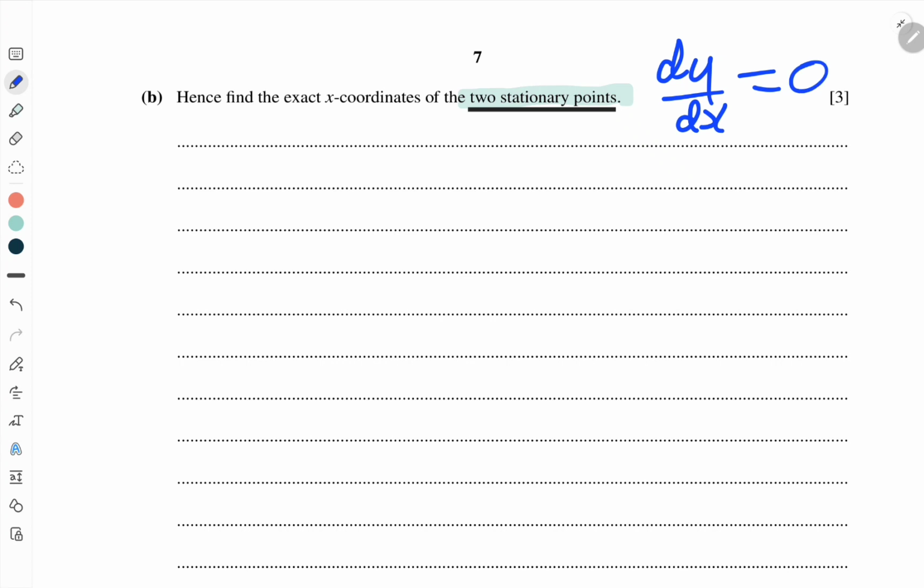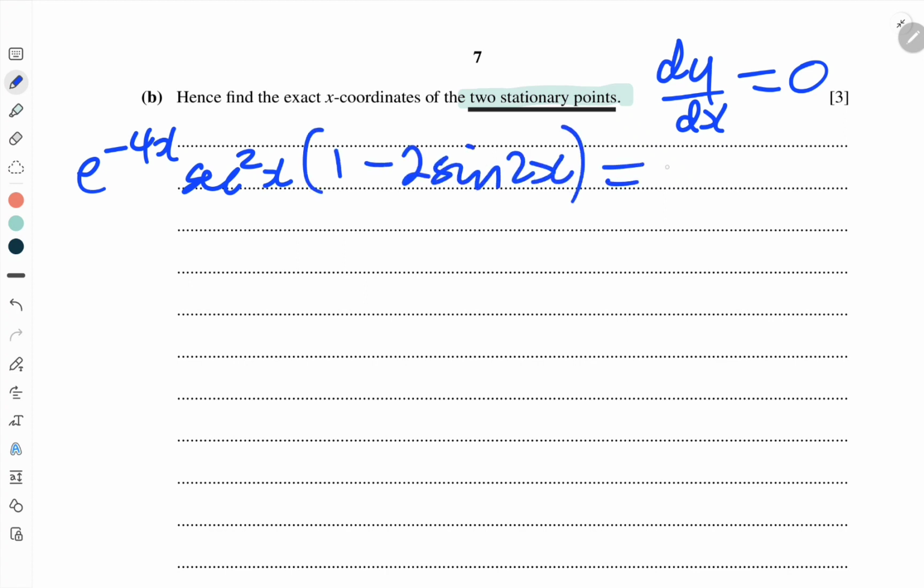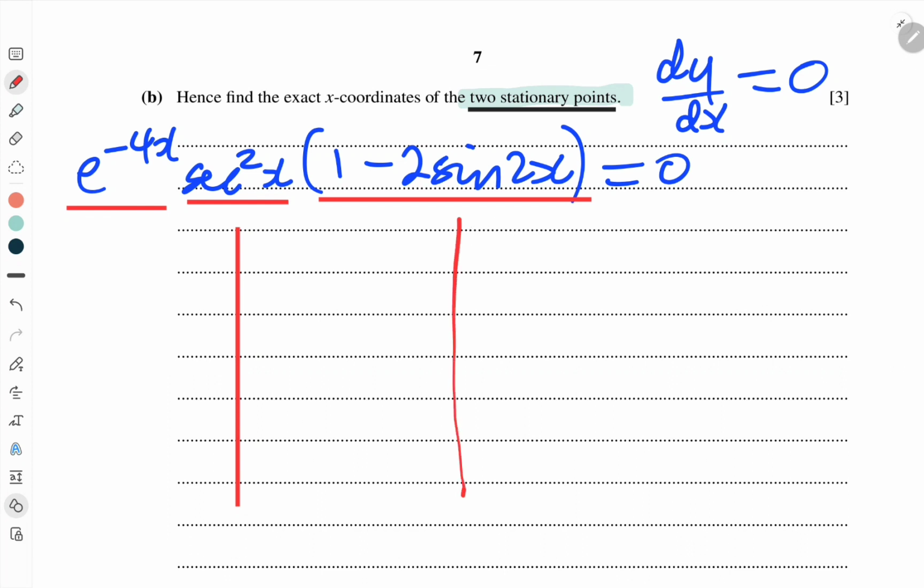So I'm going to equate my derivative to 0, e to the negative 4x sec squared x 1 minus 2 sine 2x. I'll equate that to 0. So now I solve. When I solve, what's going to happen? Each of these 3 factors shall be equated to 0, and solutions probably could be found.